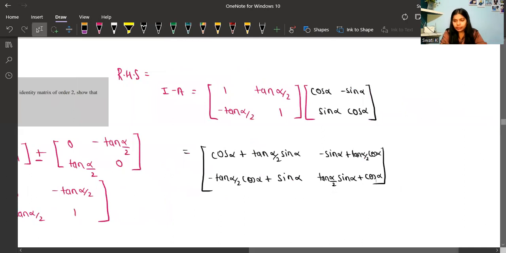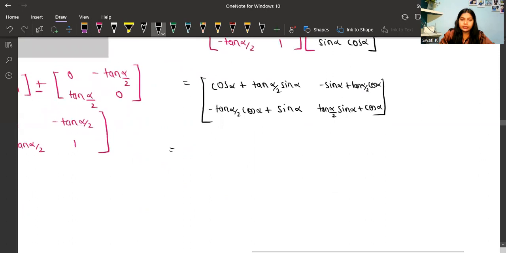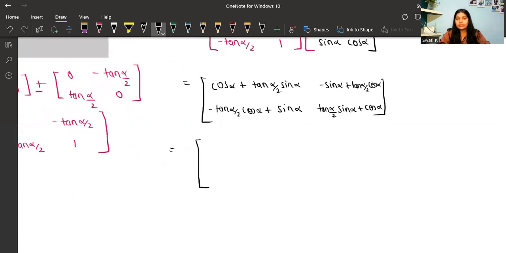Now let's simplify this. How will we simplify this? By converting this tan alpha by 2 as sine upon cos. We know that tan theta is sine theta upon cos theta. So we are going to do that in the next step, but I'm going to do it here only. So tan alpha by 2 will become simply sine alpha by 2 upon cos alpha by 2.